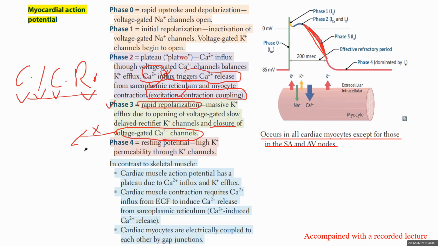The phase number 4 that you're looking at over here is known as the phase of the resting membrane potential. It means that after the repolarization is complete, the cell returns to the resting state. Phase 4 is the stable resting membrane potential of the working myocardial cells. So the membrane potential is again around minus 85, as you can see, right?